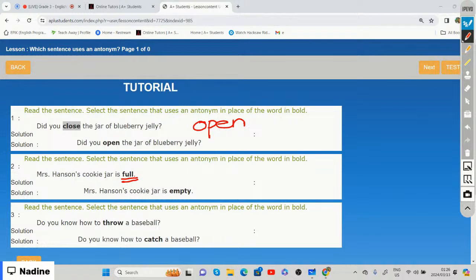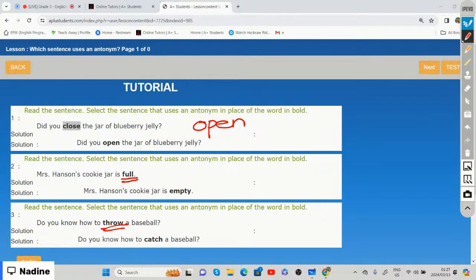All right. And the opposite of throw. Do you know how to throw a basketball? If I throw the basketball to you, then you are going to do what? If I throw it, you're going to catch it, right? So we need to write the opposite of throw.